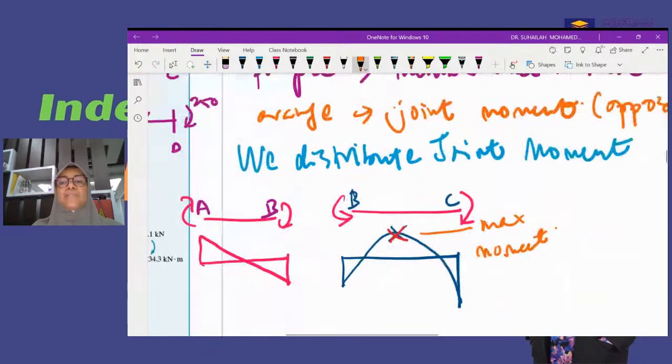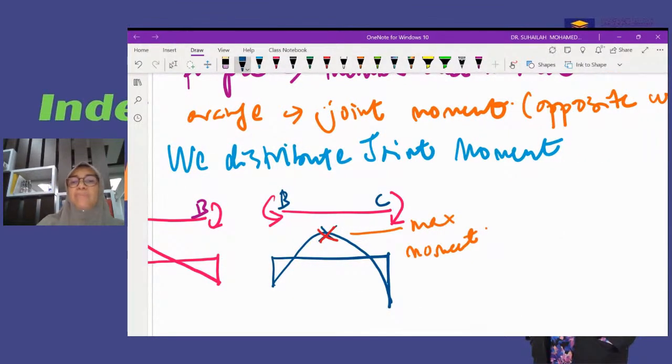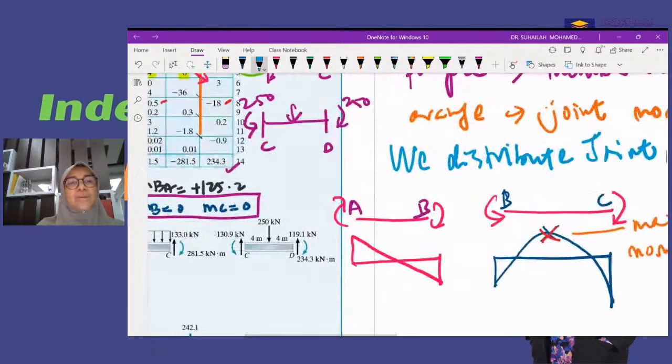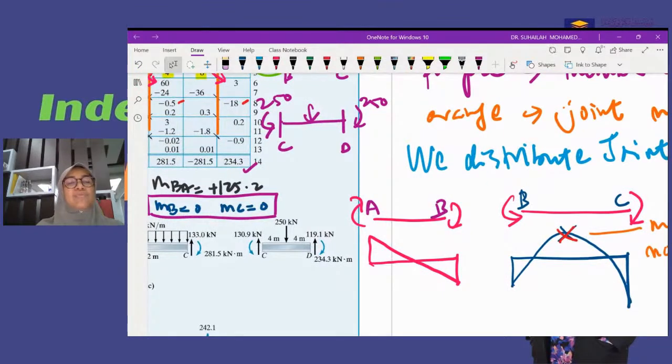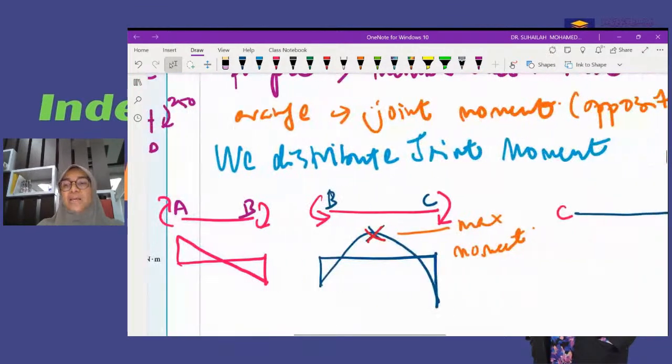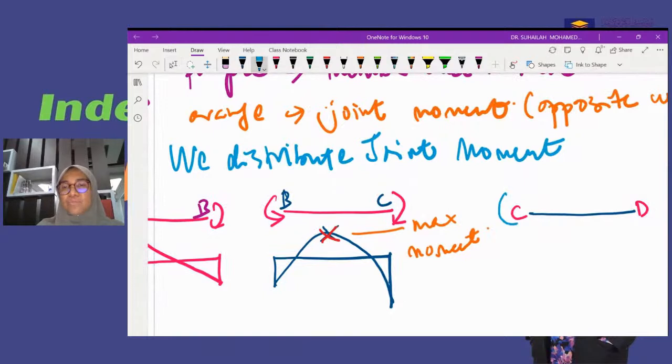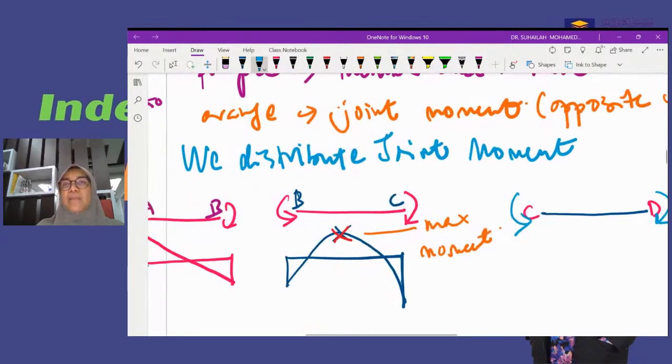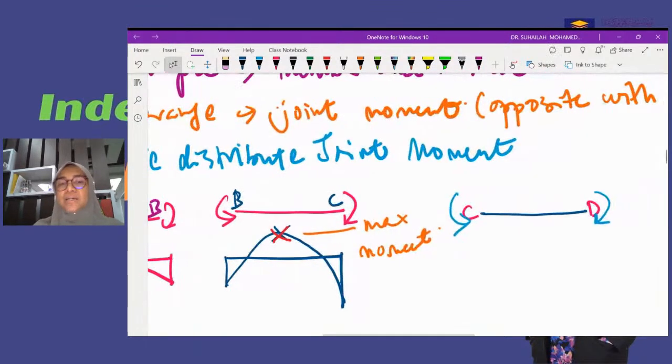And for member CD, so it is C and D, and the moment that we get from the table is negative, positive. This one is negative, this one is positive, and there is a point load at the center.